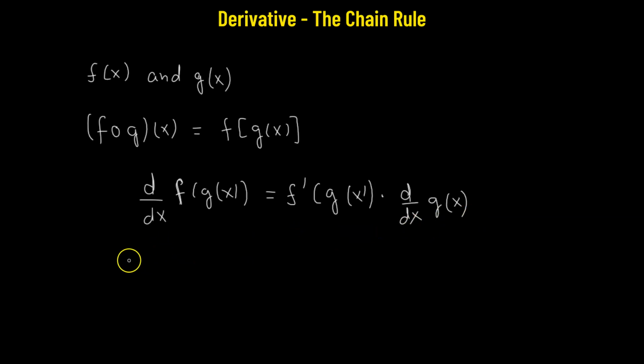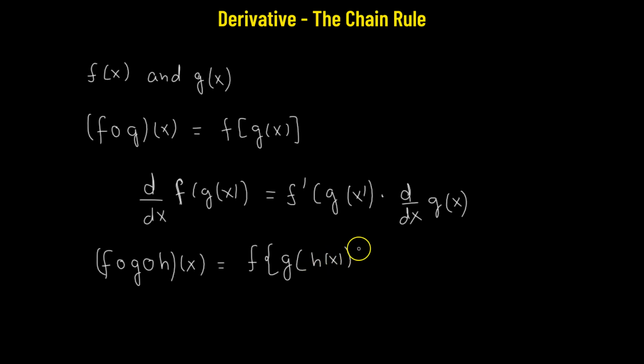Similarly, if we have three differentiable functions, let's say f, g, h, then the composition is f of g of h of x. If we are to take the derivative of this function, first we start with the outermost function, which is the function f.